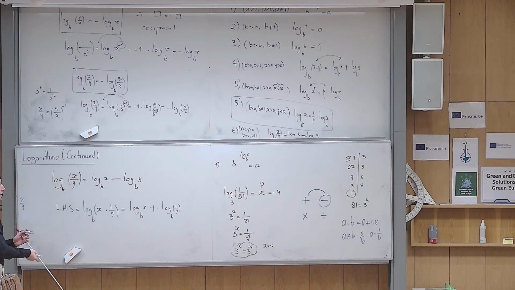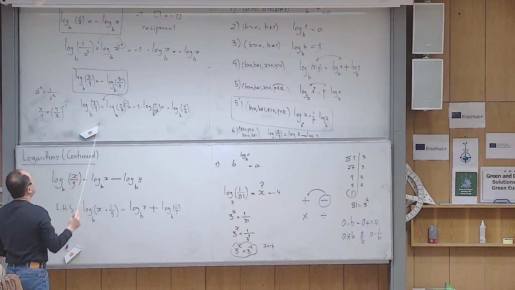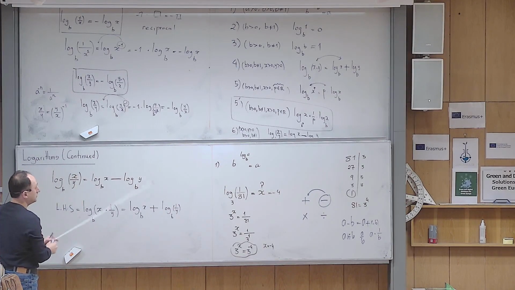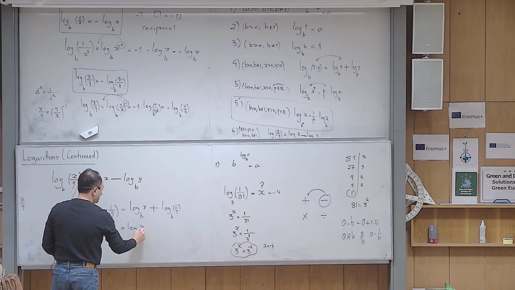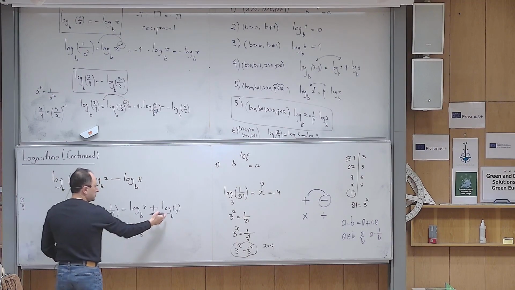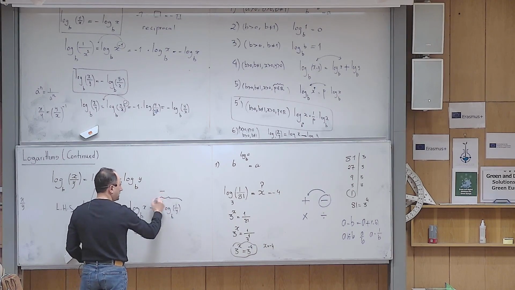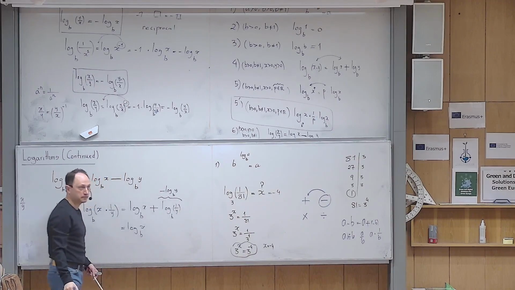But do you see what I can do now? That is exactly still on the board. But instead of variable x, I have which variable here? Y. So I copy and paste the first part. Then instead of this one, I can write minus logarithm of y to the base b.